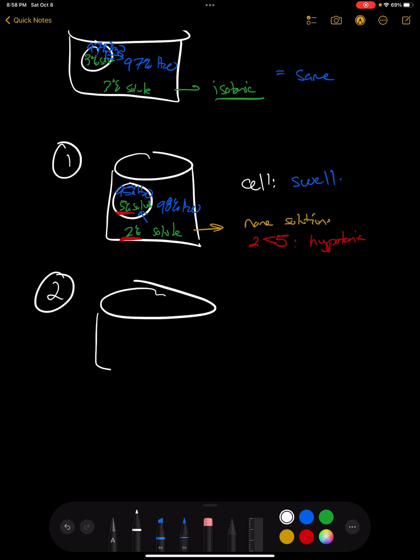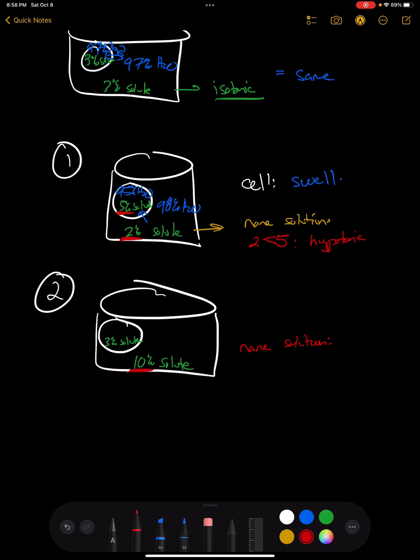Here's my solution. Here's my cell. Let's say I have 10% solute in here. And maybe I have 3% solute in here. All right, first we have to name the solution. And I have to look at concentrations.